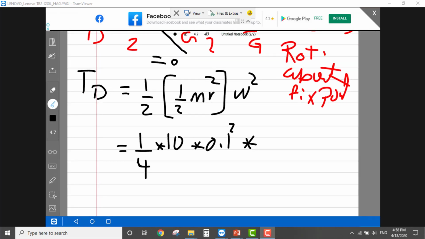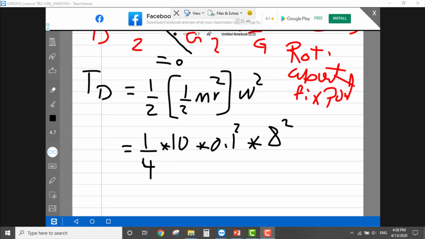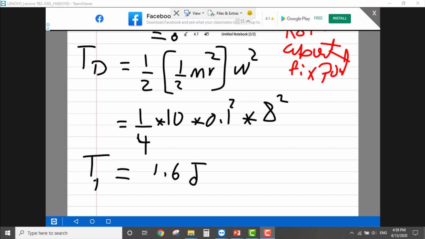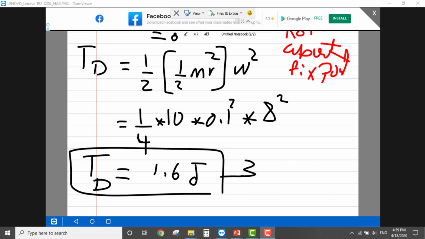So I'll substitute 8, and please do not forget the square. Now let me use my calculator. So 8 squared multiplied by 0.1 squared multiplied by 10 divided by 4. This equals 1.6 joule. So this is the kinetic energy for the disk. I will name this equation 3.